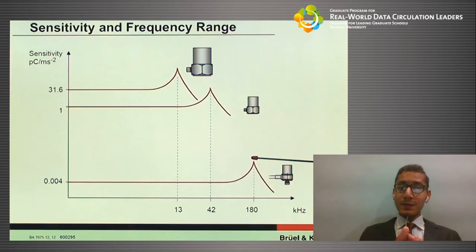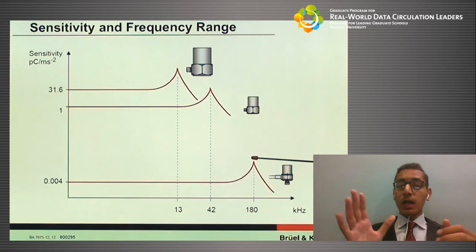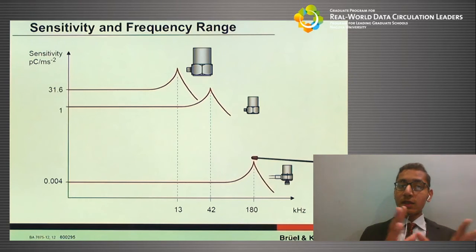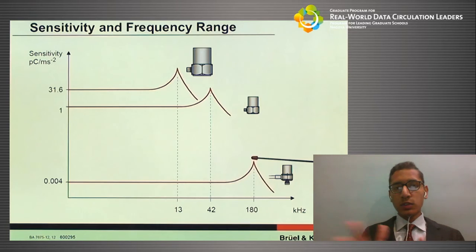Now this will be expensive, and the middle one has a higher sensitivity and a lesser frequency as compared to the first one, but the biggest one has the greatest sensitivity and the least frequency range. So this would be the most applicable one to use in our requirements. This is mostly used in machinery, in factories.